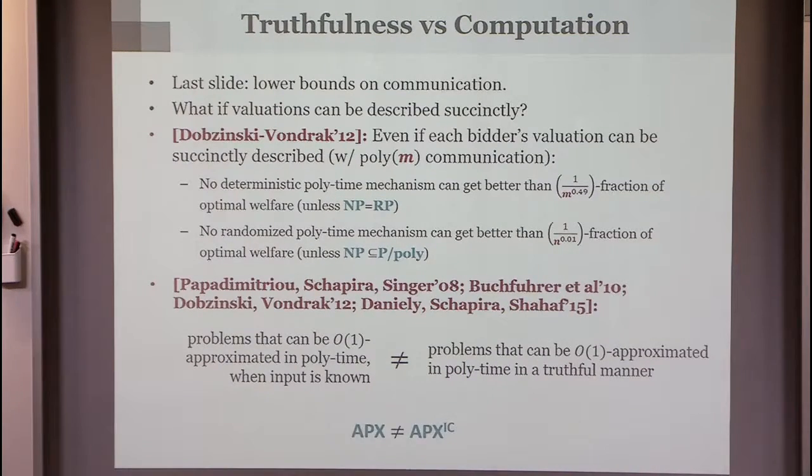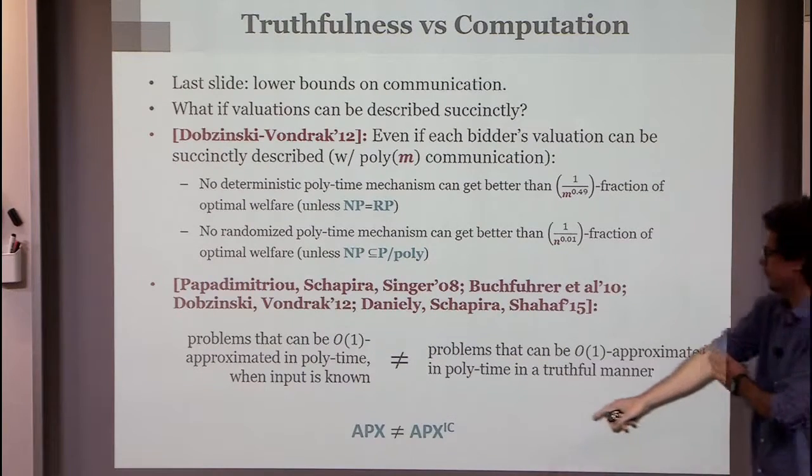So in Christos' notation, the class of problems that can be constantly approximated, called APX, is different from APX to the IC, if you consider incentives.